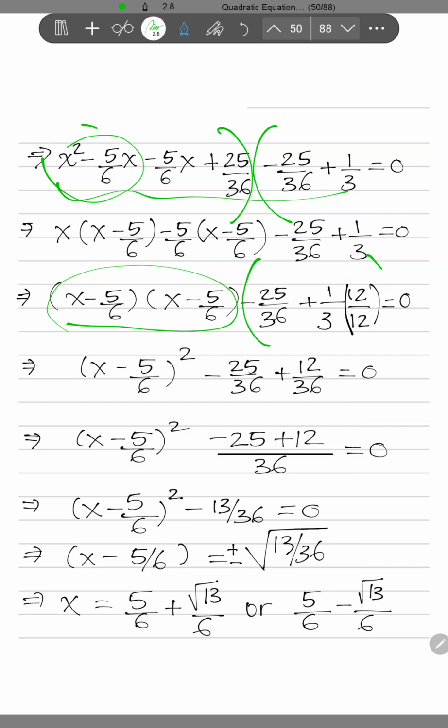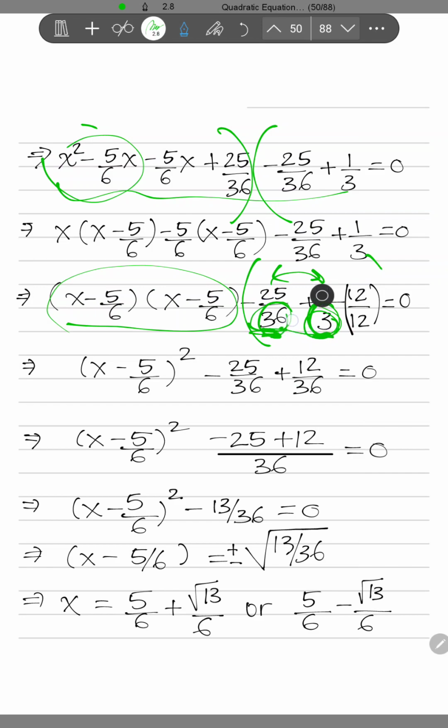We add the other part. To add the other part here, I have minus 25 over 36. Here I have 1 over 3. Because these two numbers are different in the denominators, we cannot add the numerators. We have to make sure this denominator is the same as this denominator.